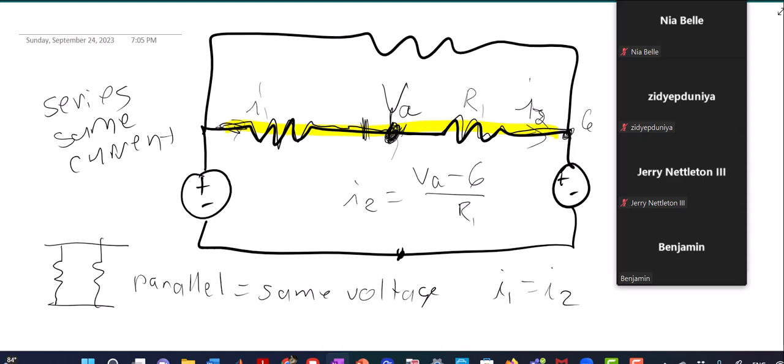And if I have I1 going this direction, and maybe this voltage is 10, I can say that I1 equals 10 minus VA over this resistance, which is R2. Nothing wrong with either of those two things. But then to finish this problem, I'll say I1 has to equal I2. So 10 minus VA over R2 has to equal VA minus 6 over R1. And then you could solve for VA from there.